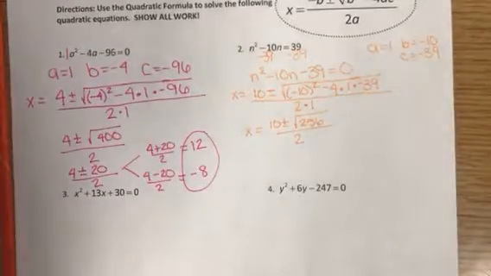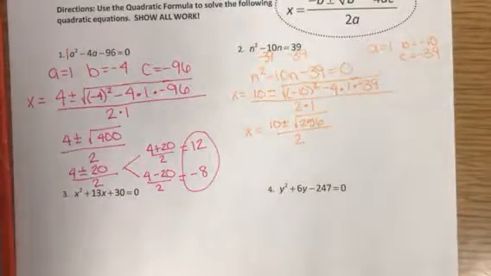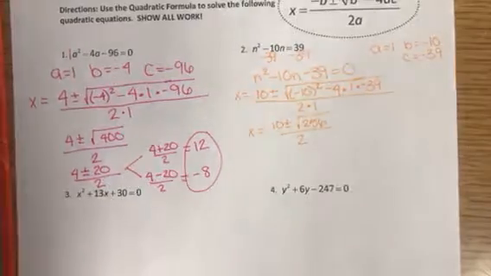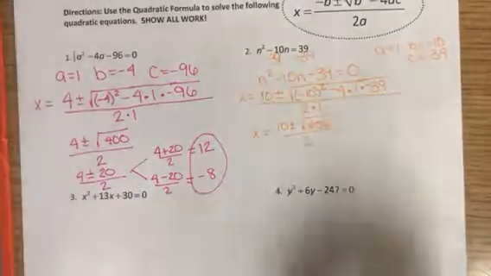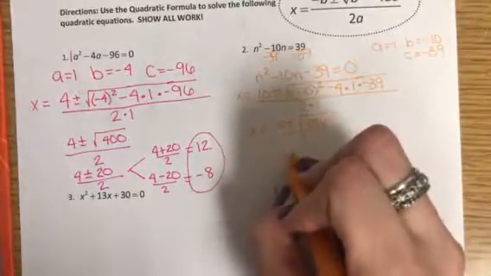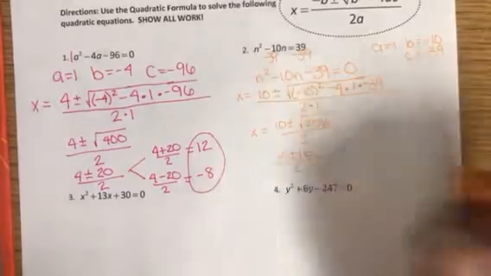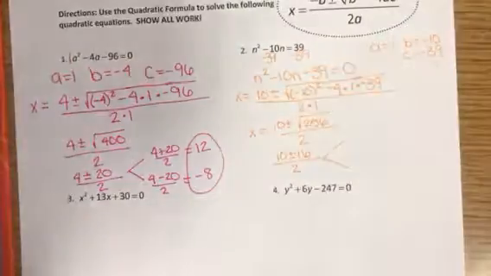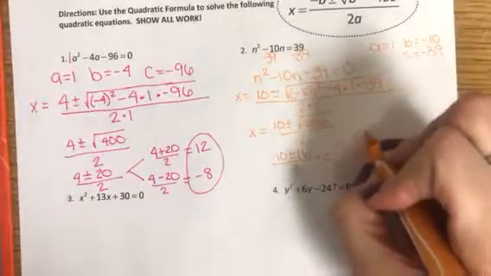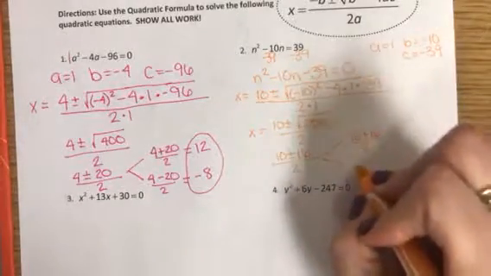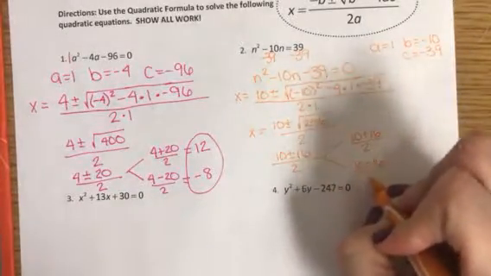Okay, then we need to take the square root of 256, which is going to give us 16. So we'll have 10 plus or minus 16 all over 2. So we need 10 plus 16 over 2 and 10 minus 16 over 2.